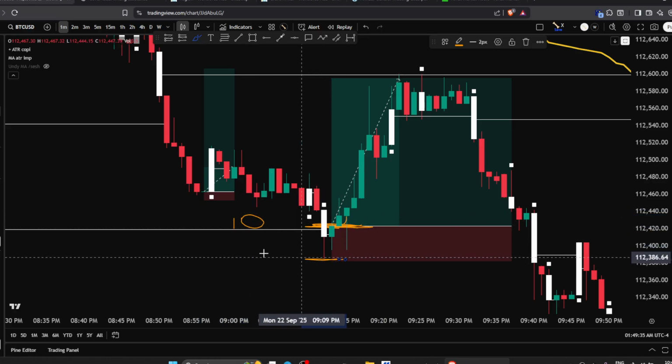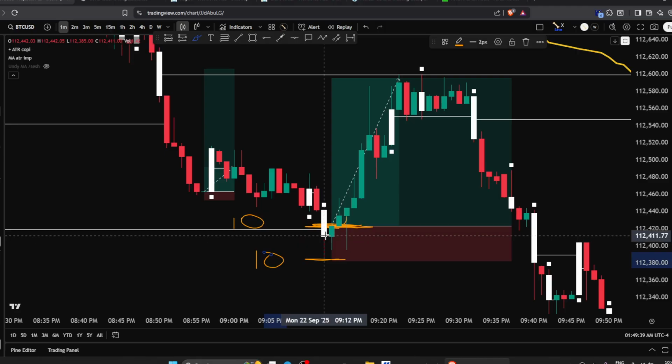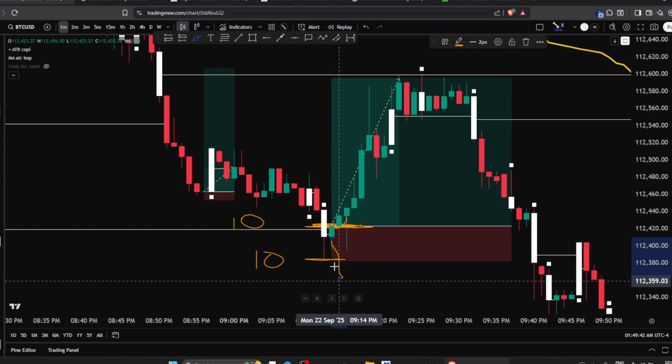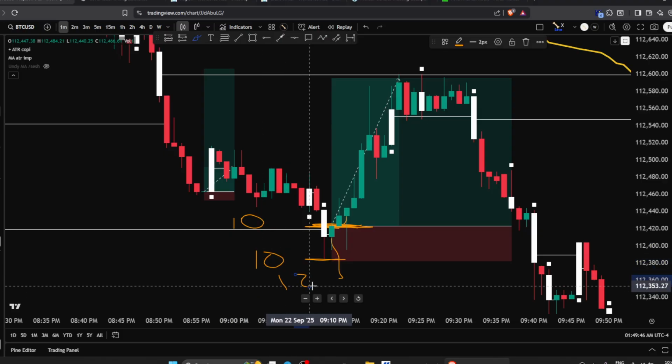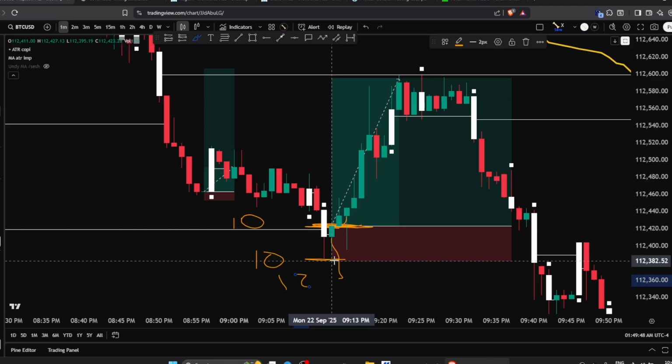That means if it went here, you'd only lose $10, give or take. Like if price moved really quickly here, it would slip, and you might lose like 12. But if the market doesn't move too fast, you'd lose whatever you set it to.